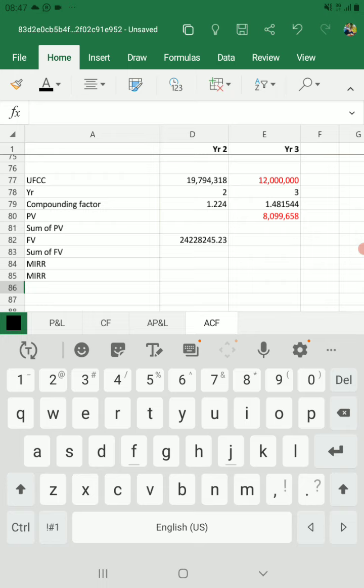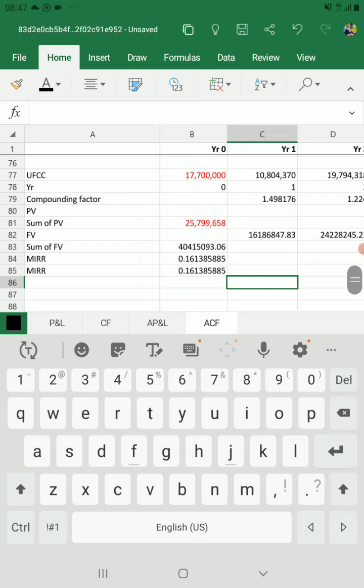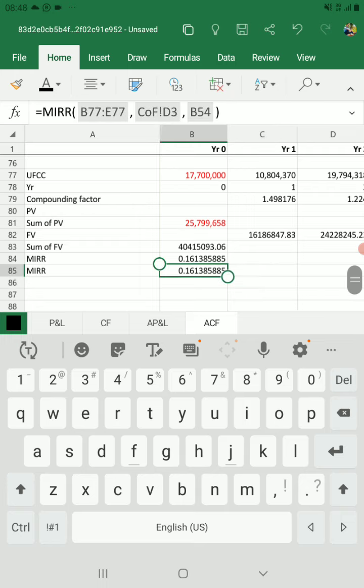And positive cash flows are compounded forward to get their future value using cost of capital in order to establish this modified internal rate of return as is captured by the formula in Excel.